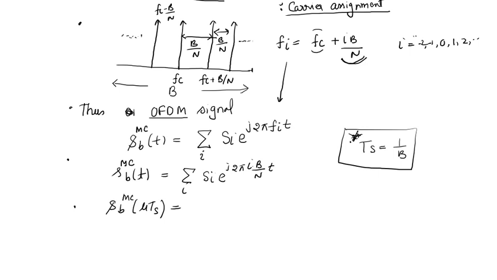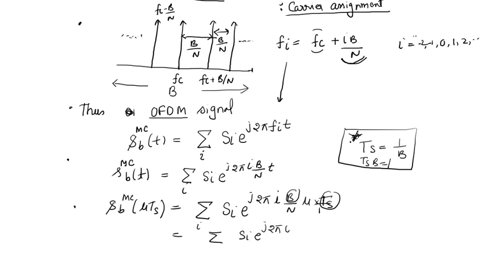So S_i e to the power j 2 pi i B by N. If you write t equal to mu T_s, and T_s is 1 over B, from here T_s B is equal to 1. So these terms multiplied will become 1, giving e to the power j 2 pi i mu by N.